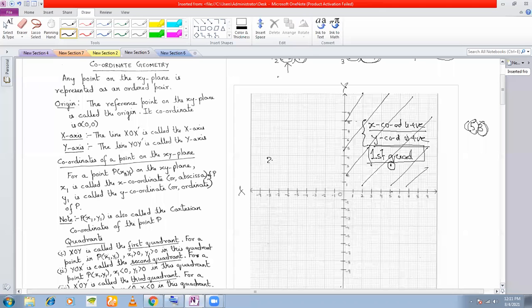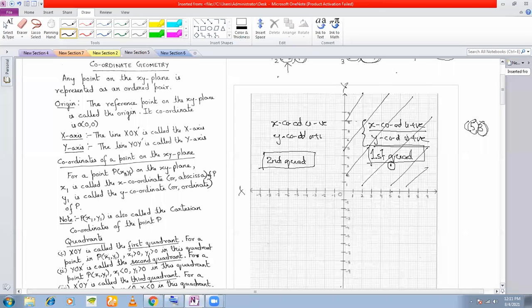Next, this is called your second quadrant. In your second quadrant, what you see is that the x coordinate will be negative and the y coordinate is positive, always.